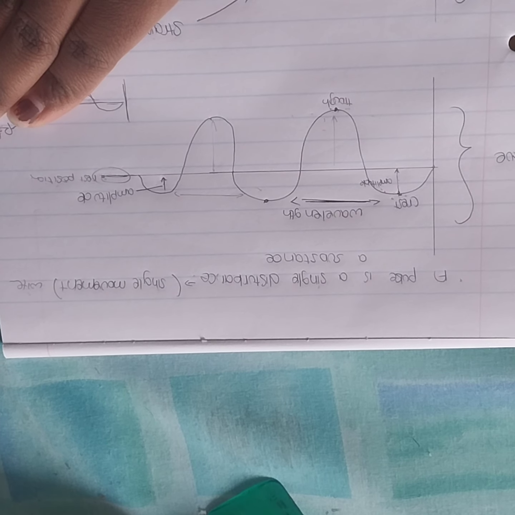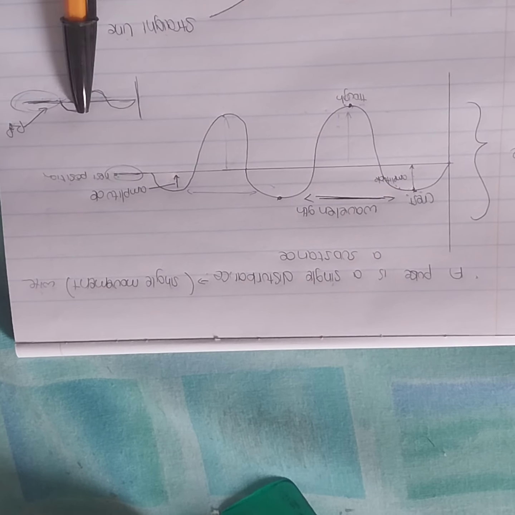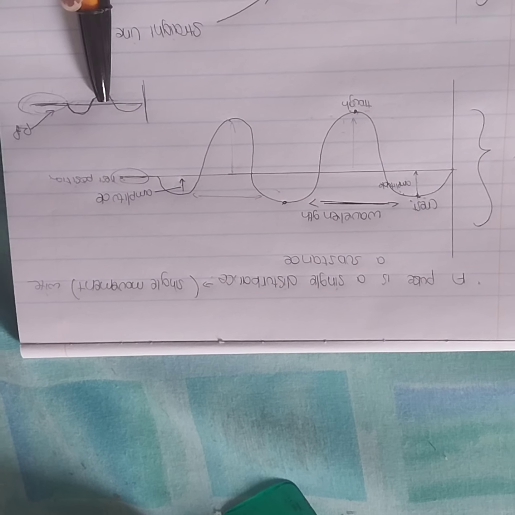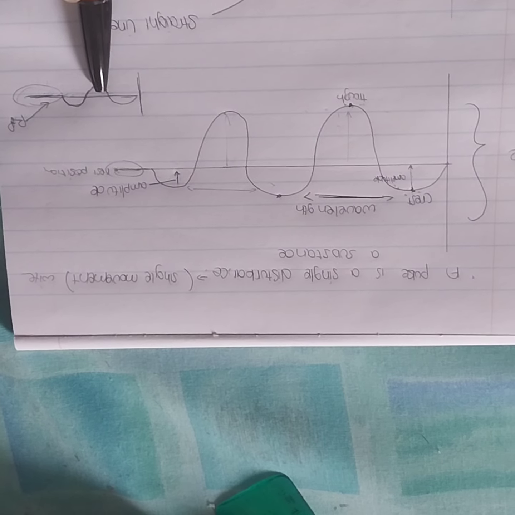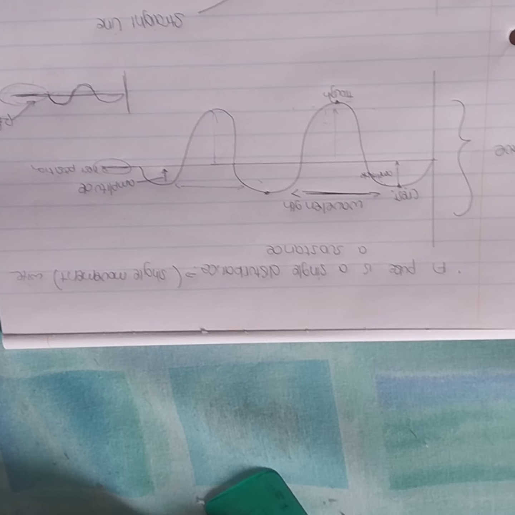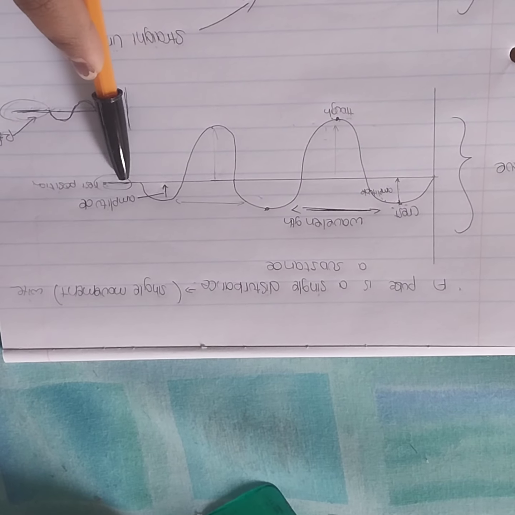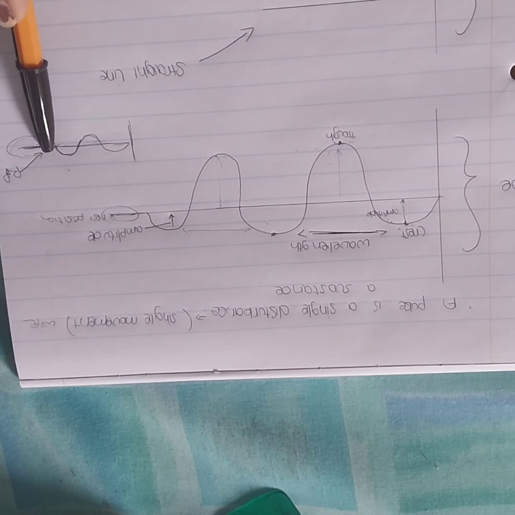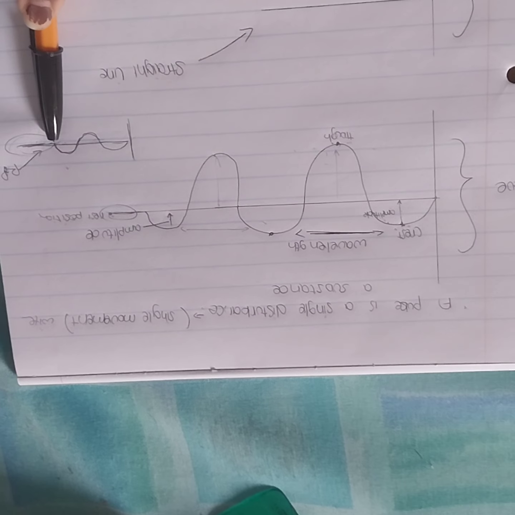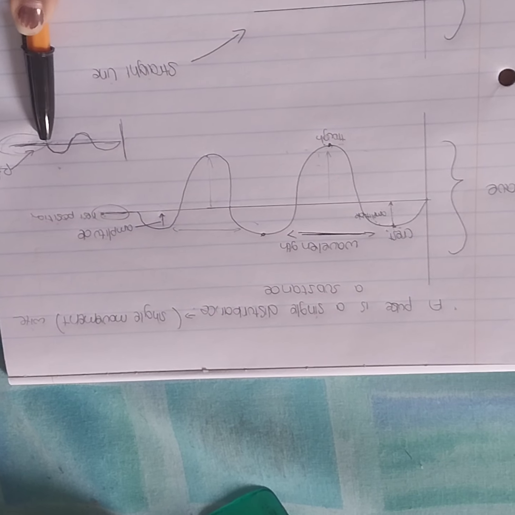That is a rest position. If the pulse stops and you just see a whole line like this, that is your rest position. Where the pulse or wave stops, that is where the rest position will occur.